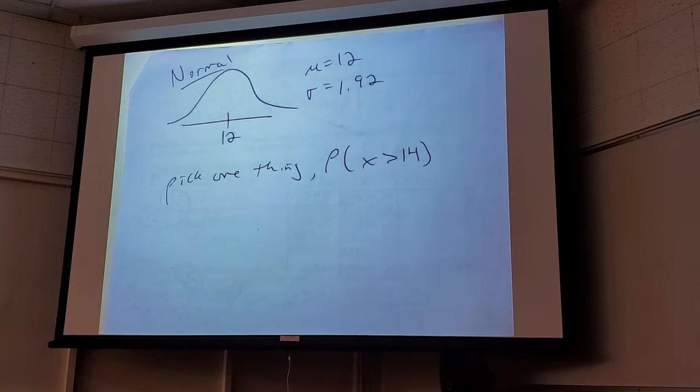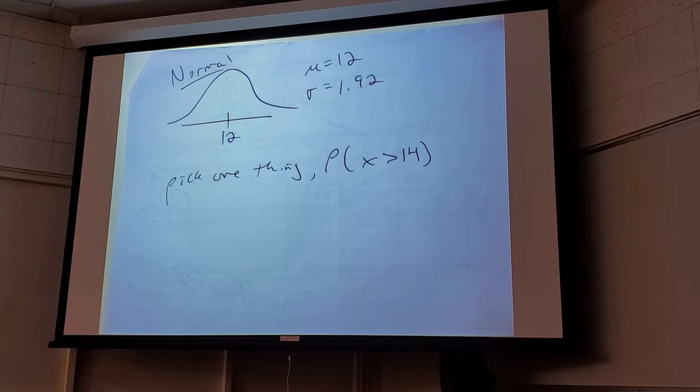Even if you've missed some class, can you find 14 in the picture? Can you shade in the part of the picture that that's asking for, right? And then maybe some of you would be like, yes, I could do that, but no idea what to do after that. If it was a uniform curve, we would shade it in and then just find the area of the rectangle that we just shaded, right? That would be awesome.